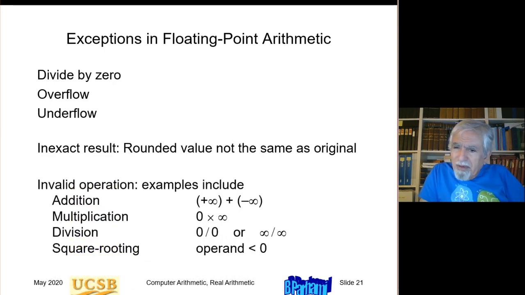There are a bunch of invalid operations. So, for example, in addition, if you add plus infinity to minus infinity, the result is undefined. If you multiply 0 by infinity, remember that 0 is often a surrogate for a very small number.